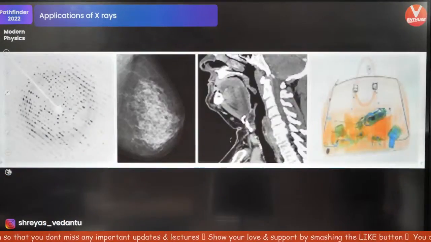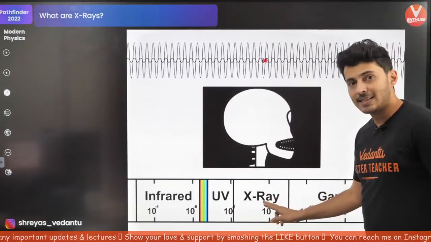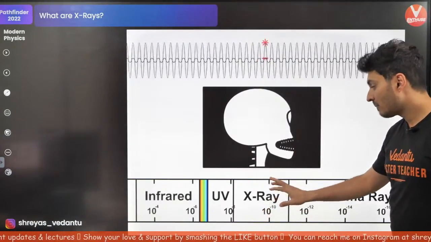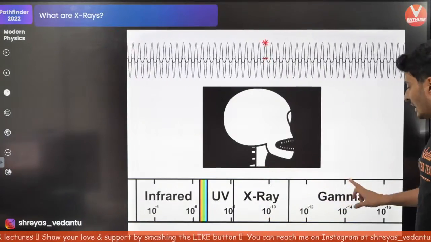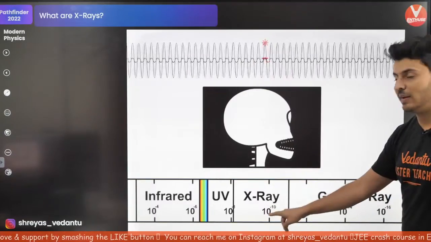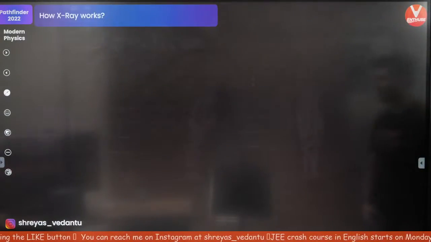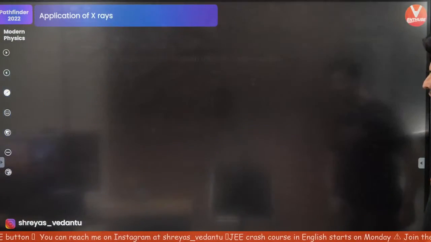Going back, I'll just show this right over here. X-rays have smaller frequency but larger wavelength as compared to gamma. Larger wavelength as compared to gamma but smaller frequency, because gamma rays are even more energetic. So going over here, so what do we have?